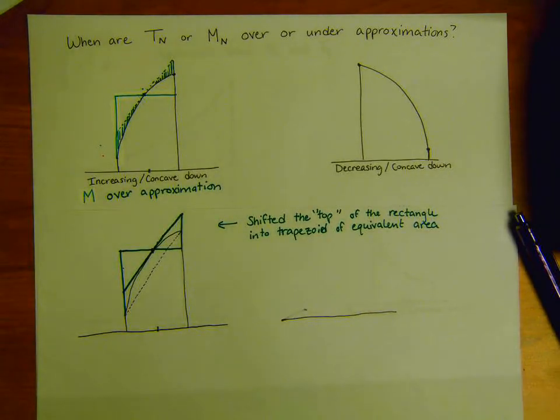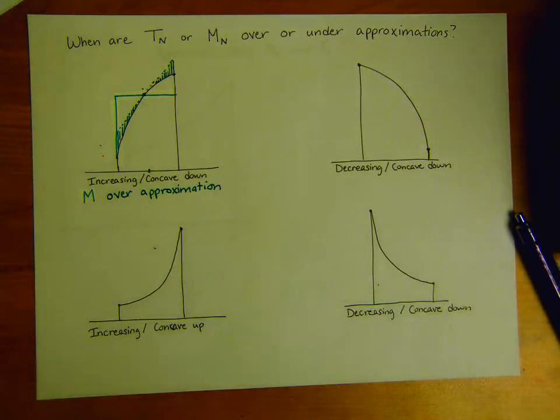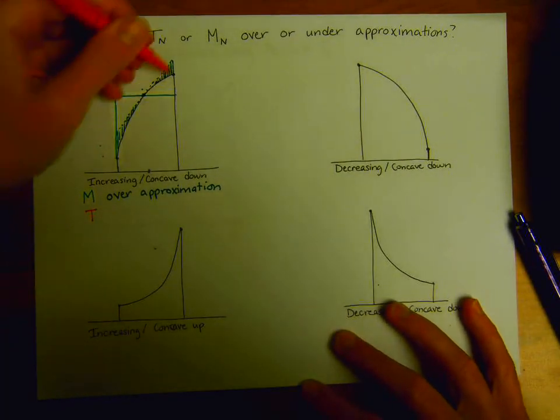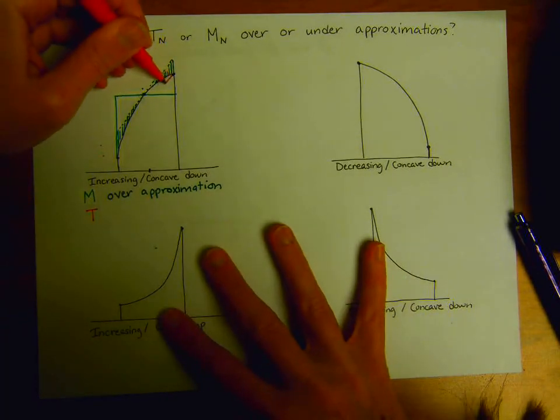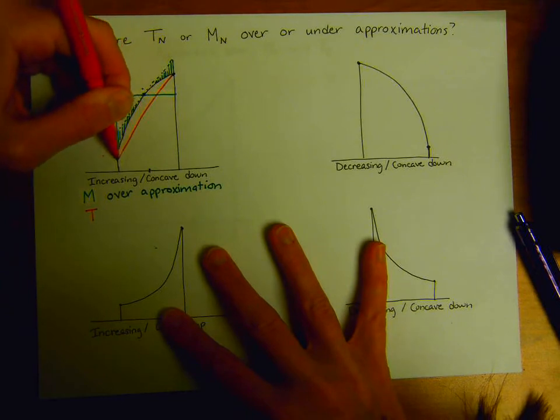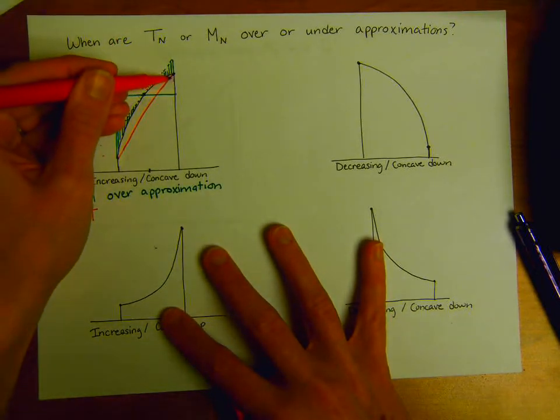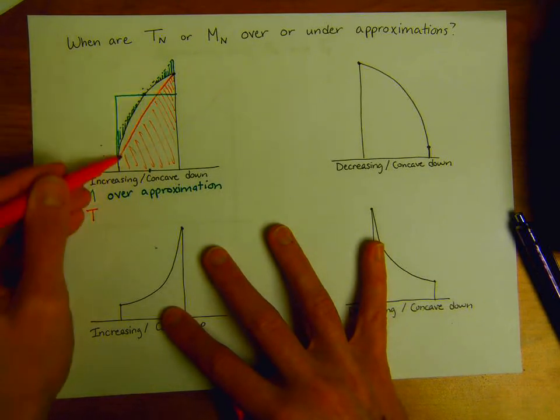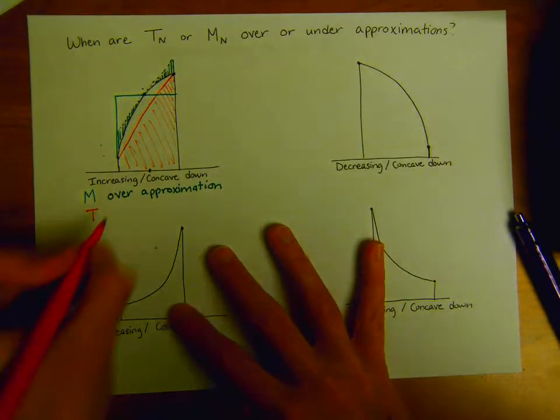Whereas, if I do the trapezoid, which I'll do in red over here, this is a little easier to see, that I take the two endpoints and we see that the trapezoid is going to be an under approximation because the trapezoid only covers this much, but the curve is covering a little bit more.